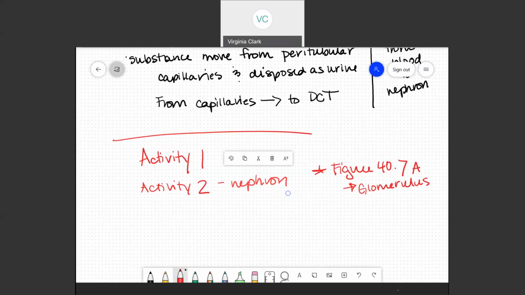I will not be really reviewing activity 3, which is the bladder. It's not super exciting, so we're not really going to talk about it. But activity 1 and activity 2. It's not a heavy chapter as much as it is you need to be able to identify structures and know what's going on. So it's a little bit more memorization, but that is going to be exercise 40.